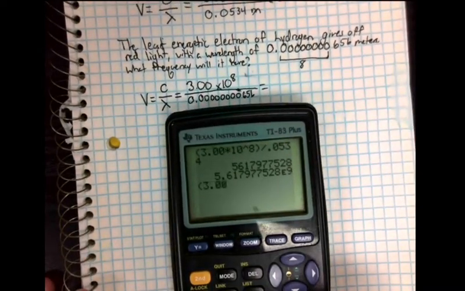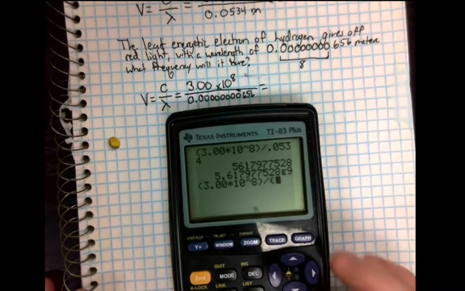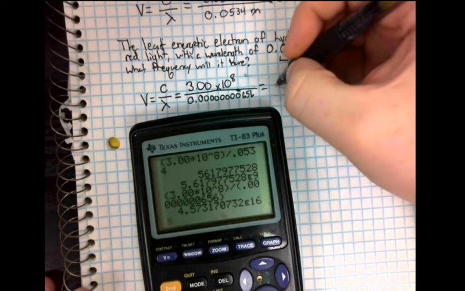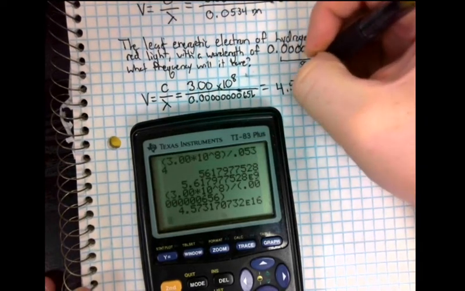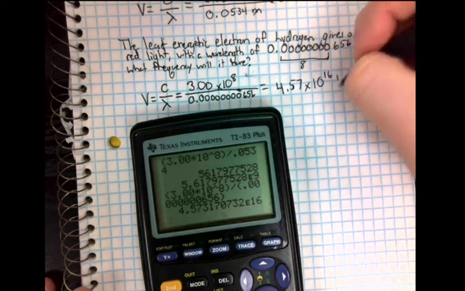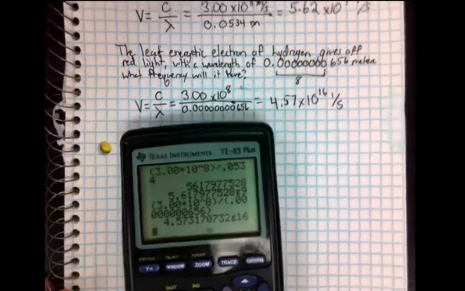So we've got 3.00 times 10 to the 8th divided by the wavelength. This time I got 4.57 times 10 to the 16th power inverse seconds.